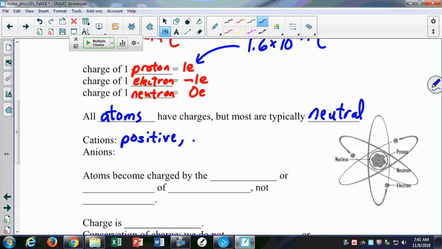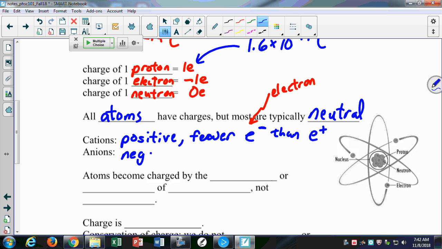That means they have fewer electrons, and this is the symbol that we often use for electrons, E negative. They have fewer electrons than protons. And the symbol we use for protons is E positive. And then anions have a negative charge, and they have more electrons than they have protons.